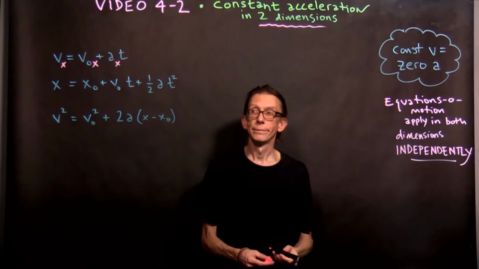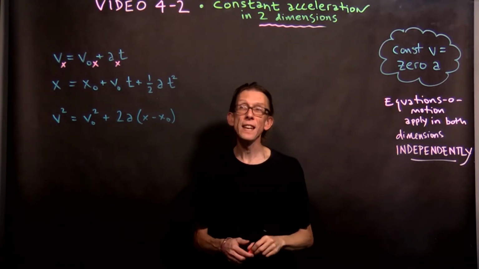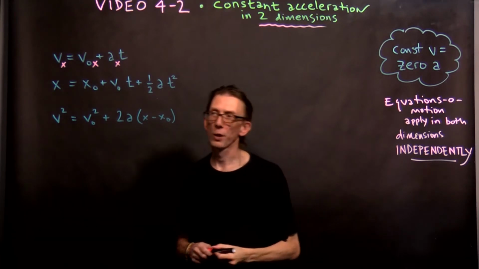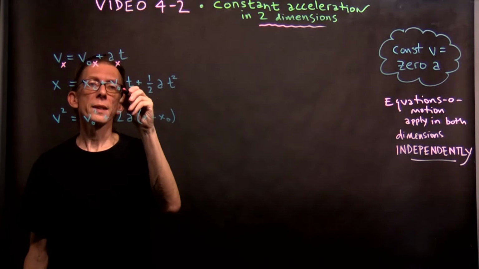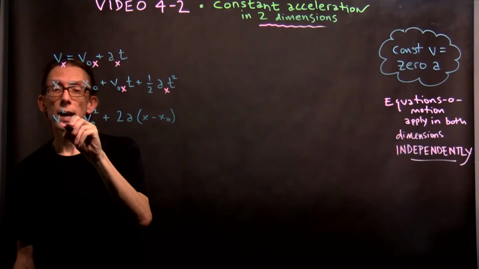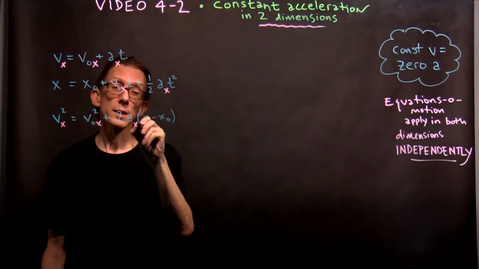Why did I do that? Why did I just pick v naught and a? I'll keep going, then I'll ask you that question. v naught x, a x here, v x here, v naught x there, and a sub x there.